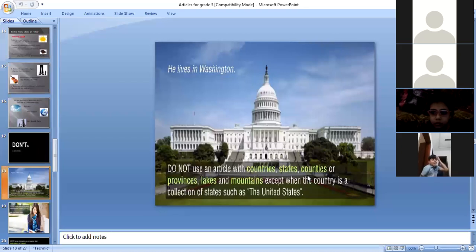The United States, the United Kingdom. Okay, so keep this in your mind. We never use the before the name of countries, cities. We don't say the Pakistan. It's wrong. We don't say the Islamabad. Wrong.